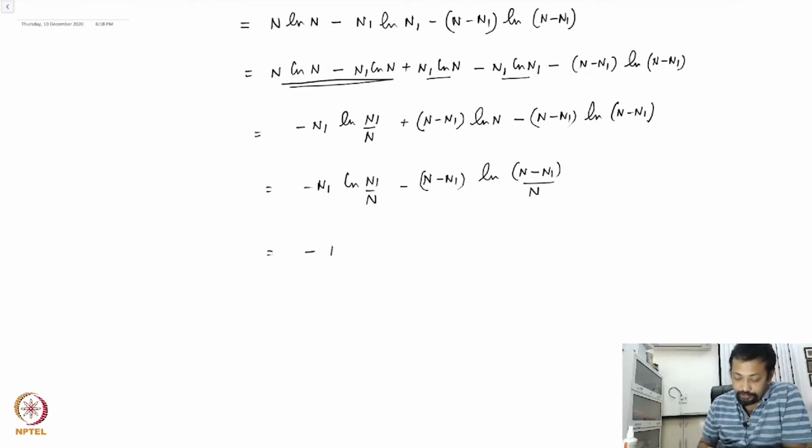So this reduces to the very simple expression n1 ln n1 over n. There has to be an n outside here, I can recall.